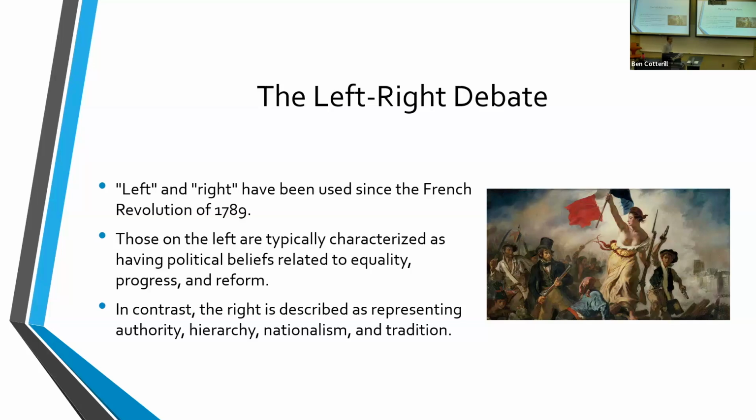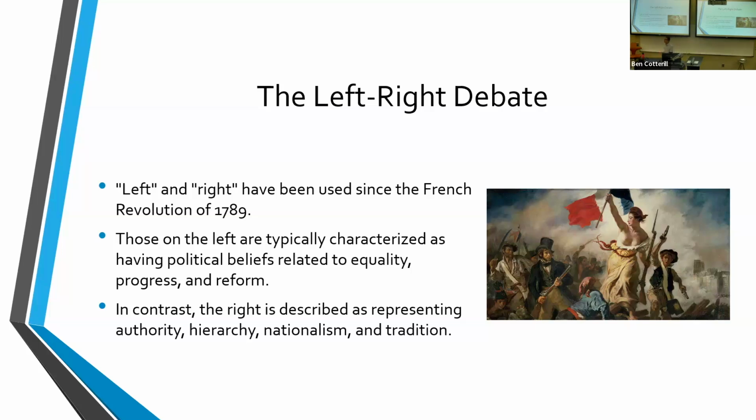Those who wanted to abolish the monarchy were told to stand on the left, and those who wanted to maintain the monarchy were told to stand on the right. Not very long after this, political parties in France began having the left and the right in their party names, and then this spread across Europe, and then the terms spread further than that still.